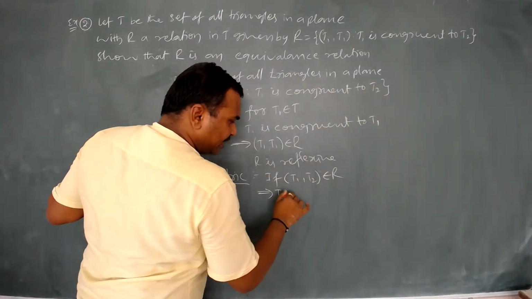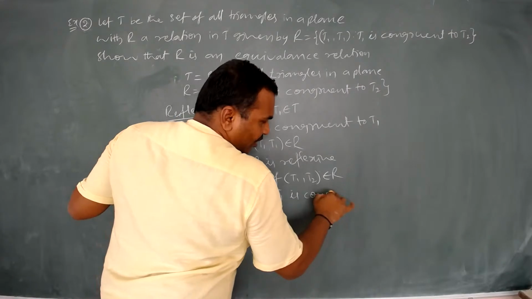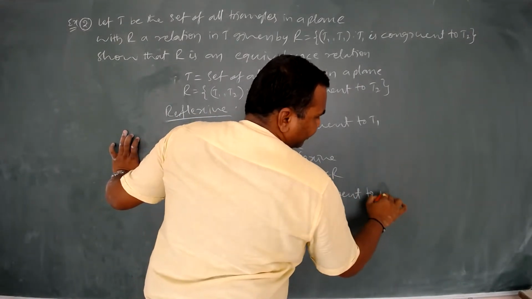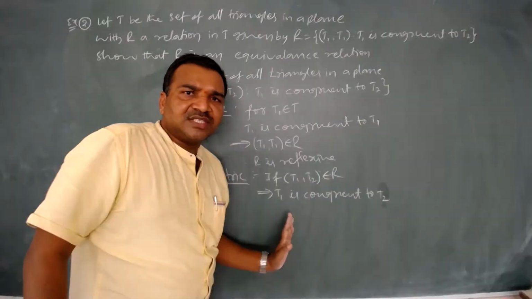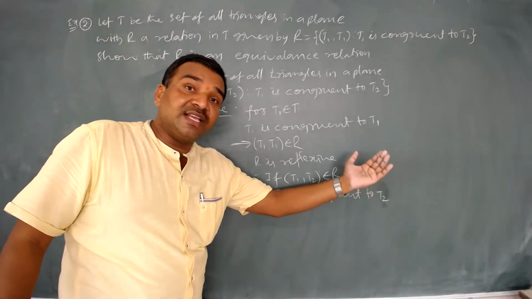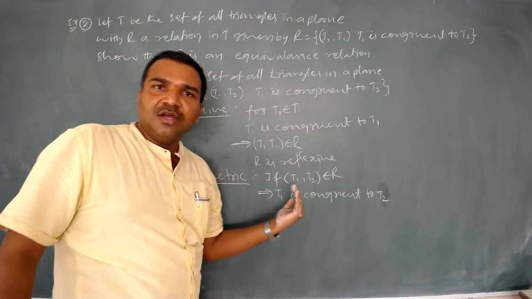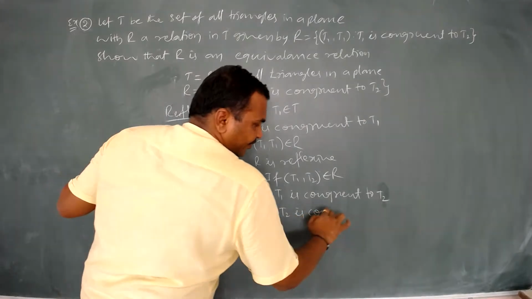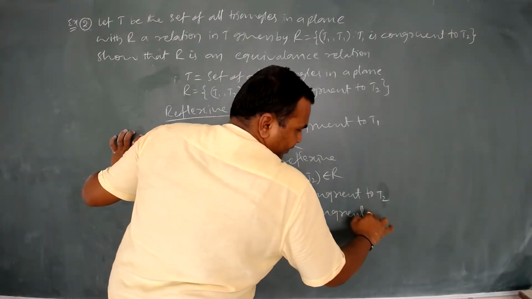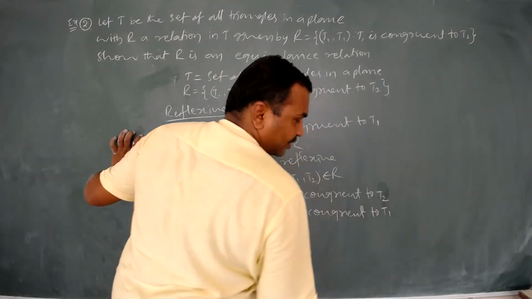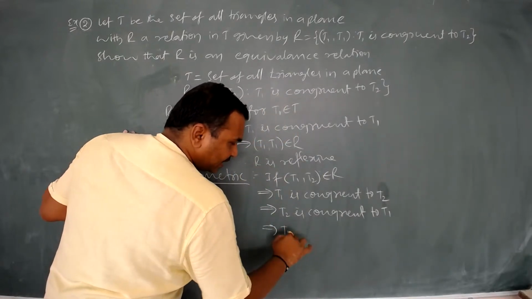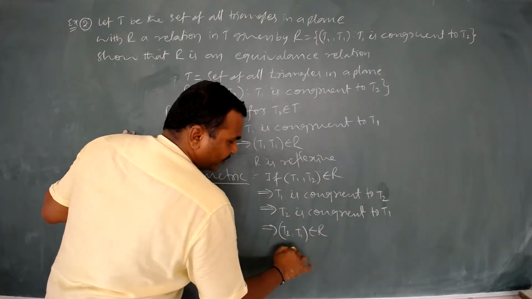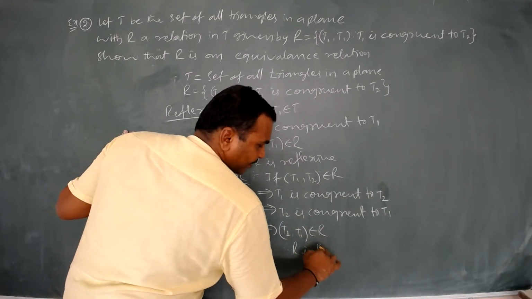If the first triangle is congruent to the second triangle, then we can say the second triangle is also congruent to the first triangle. That's why we can take T2 is congruent to T1. So we can take T2 comma T1 belongs to R. Therefore, R is symmetric.